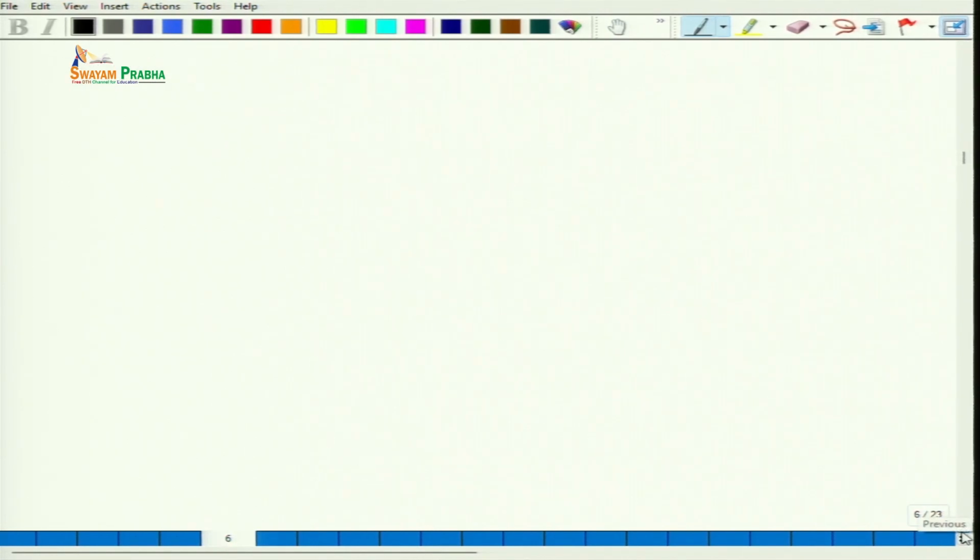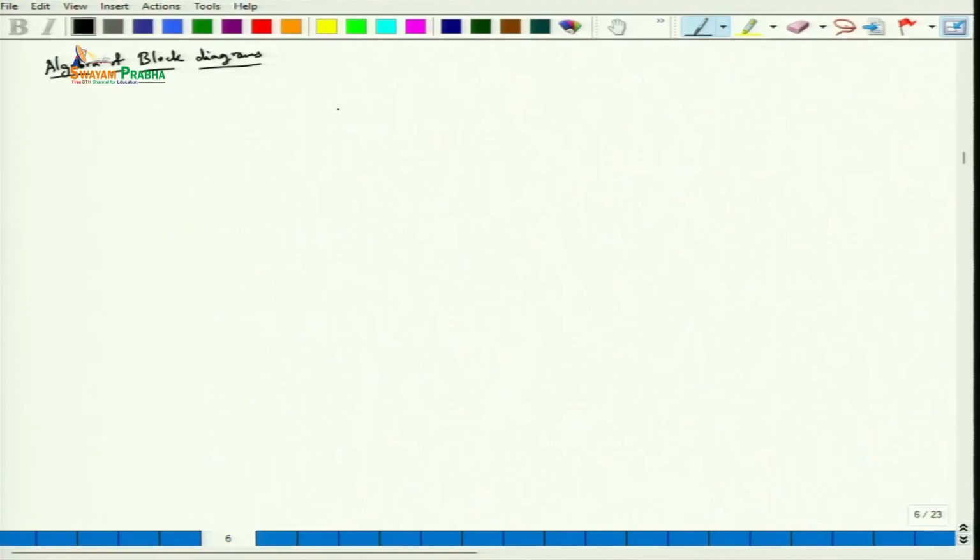Next, we are going to focus on the algebra of these block diagrams. These block diagrams can become quite complicated.